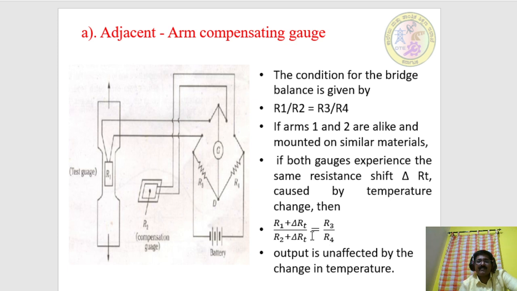We add delta RT to both numerator and denominator. This is the test gauge, and we are compensating this particular gauge. This is R1, this is R2, this is R3 and this is R4, with a galvanometer. With this, the output is unaffected by the change in temperature.